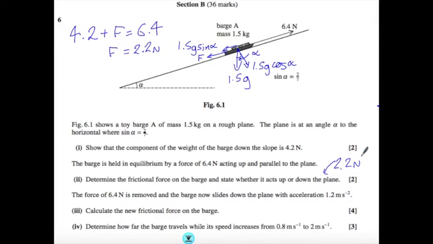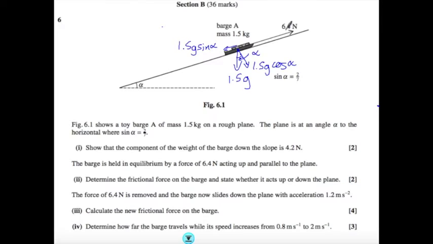Right, the 6.4 newtons is removed and the barge now slides down the plane with acceleration 1.2 meters per second squared. Calculate the new frictional force on the barge. When you see these kind of forces and accelerations, you should be thinking of Newton's second law. So let's get rid of most of this. Think about all the forces that are acting.